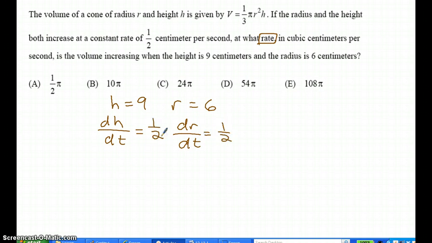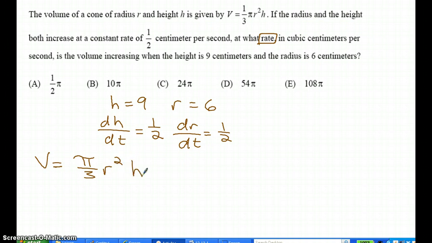So we need to take the derivative of our formula and substitute our values to find our dv dt, the derivative of the volume with respect to time, or its rate. So we've got v equals, I'm going to make that pi thirds r squared h.